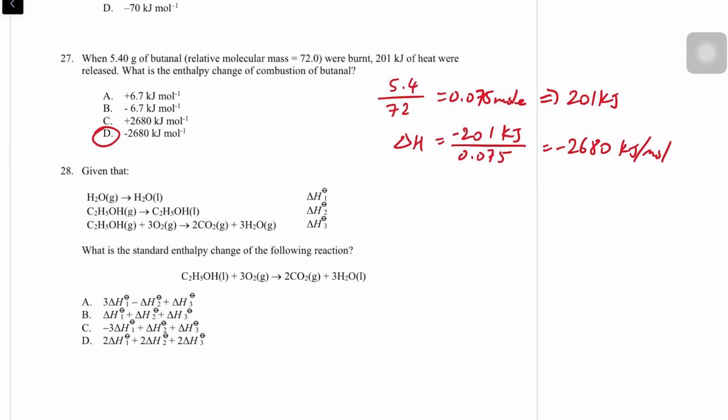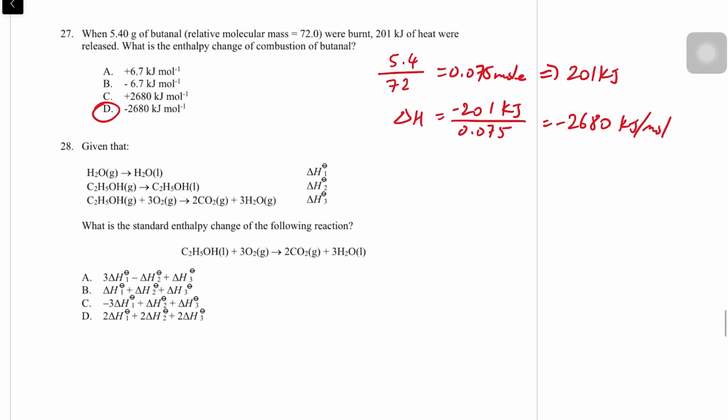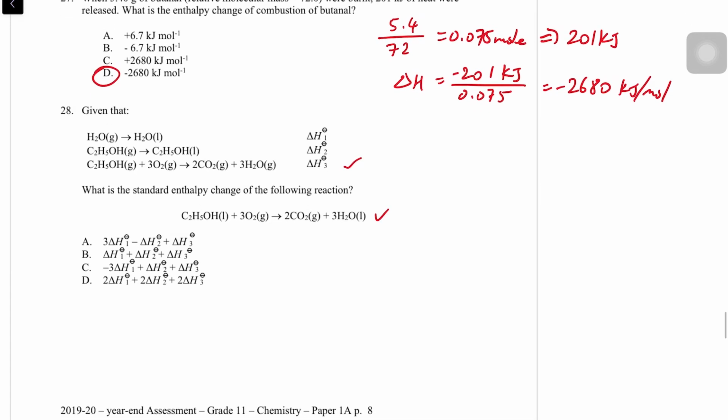Next one, 28. Given that, okay, this amount, so what's the enthalpy change for the following reaction? So we need to do some calculation work. Oh, this one and this one look like the same, right? So we can save a large amount of time. We just C2H5OH gas.